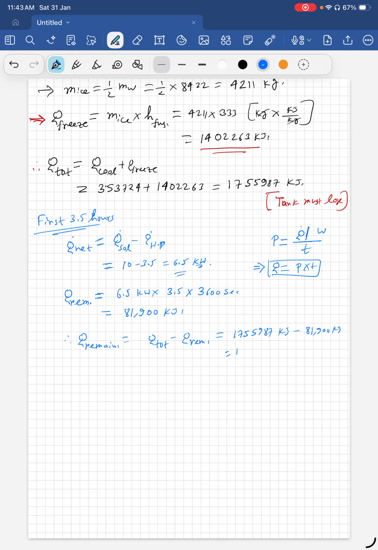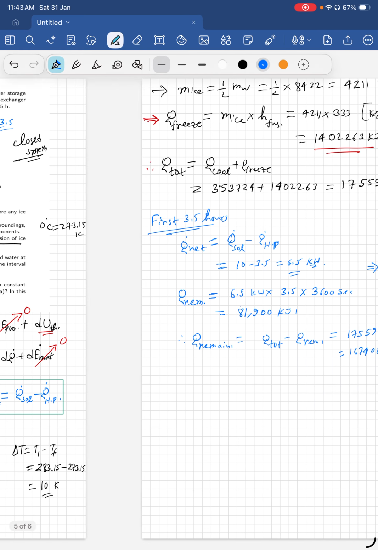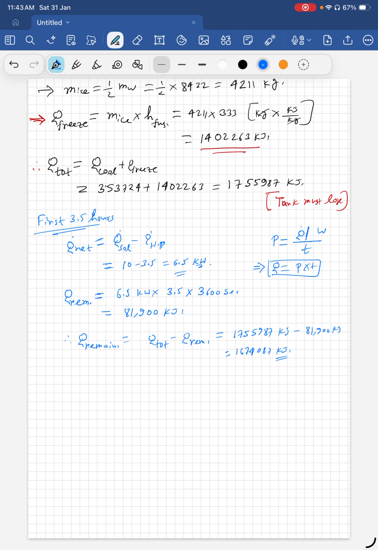So the total will be 1674087 kilojoule of heat remaining inside the system, like in our ice water storage tank. Now, at this moment, the solar system is off, and the heat pump will absorb this remaining heat. So this remaining heat will be absorbed when the solar power is off.